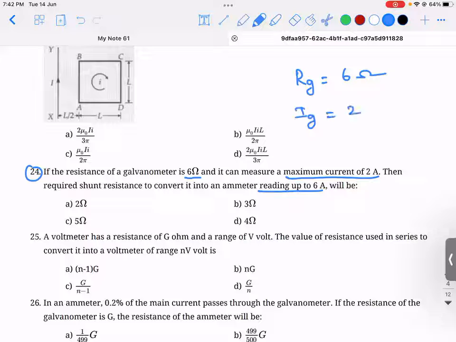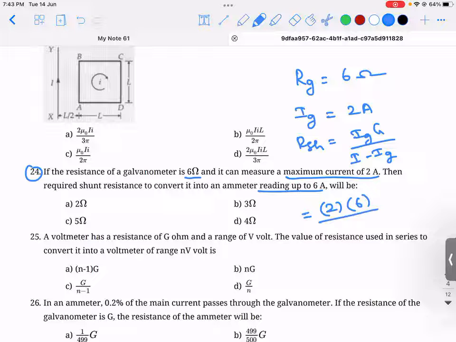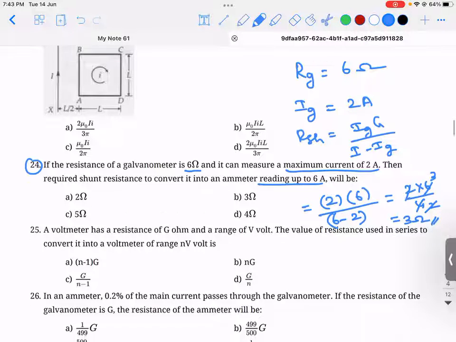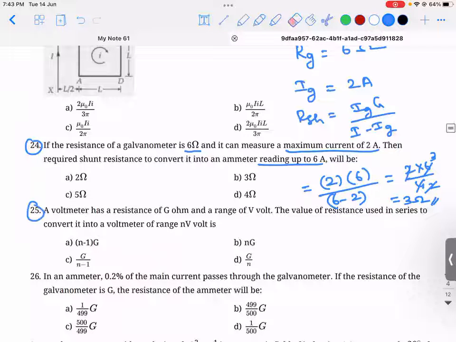Maximum current it can measure is 2 ampere. Then the required shunt resistance R shunt is equal to Ig into capital G divided by I minus Ig. So that is 2 into 6 divided by 6 minus 2. So 2 into 6 divided by 4, it is going to be 3. Just 3 ohm. Now try out the 25th problem.